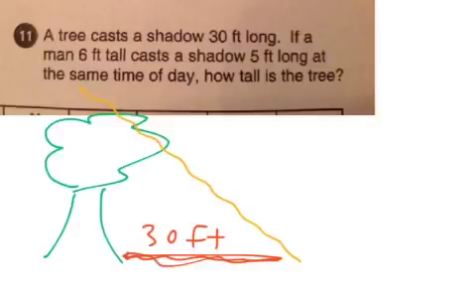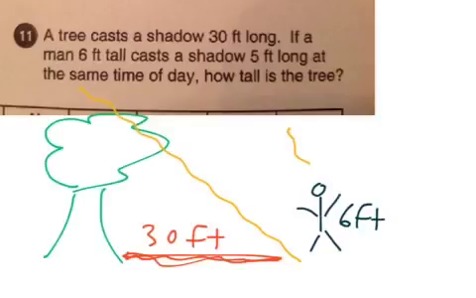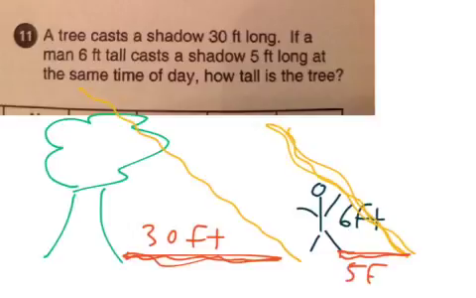Okay? And supposedly there's some guy standing nearby. And we know that he is 6 feet tall. And this same sun is shining down at the same angle. Okay? And along the ground here, we know that his shadow is 5 feet long.